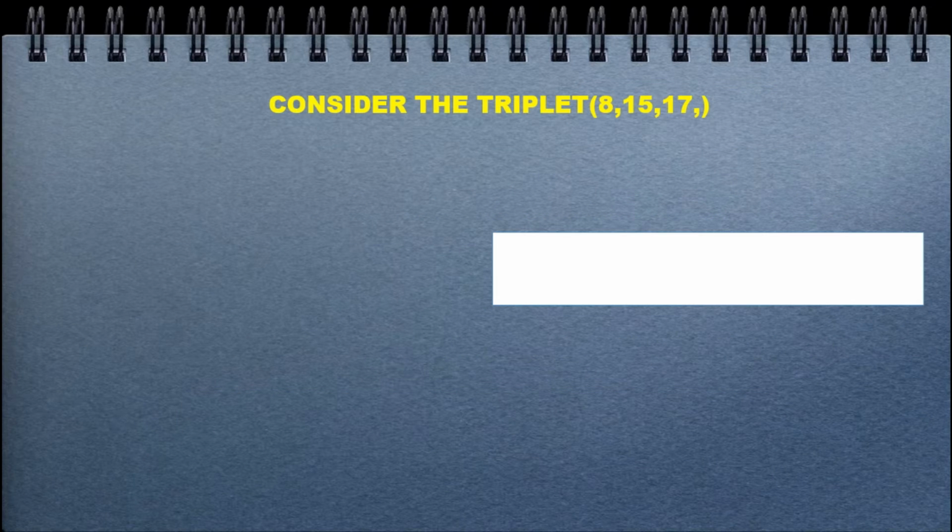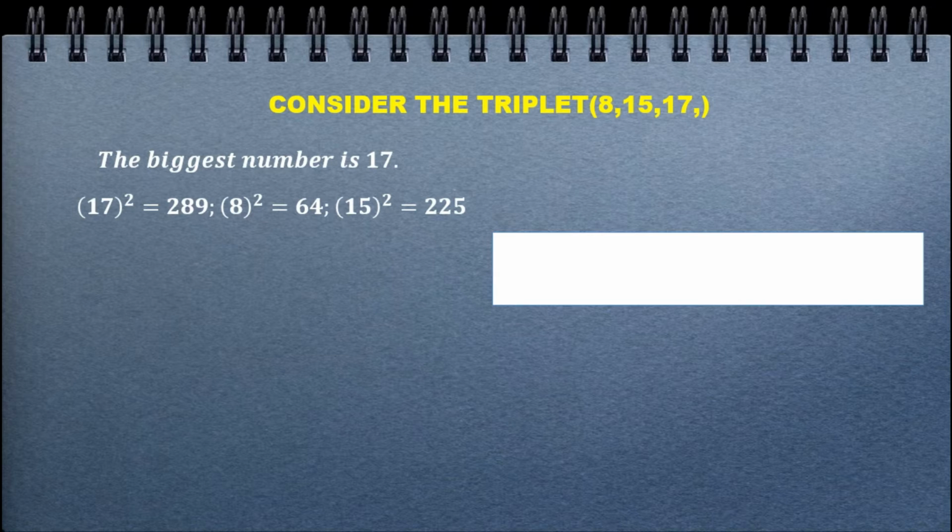Okay, so consider the triplet here, 8, 15 and 17. So the biggest number is 17 here. 17 square is equal to 289, 8 square is equal to 64 and 15 square is equal to 225.